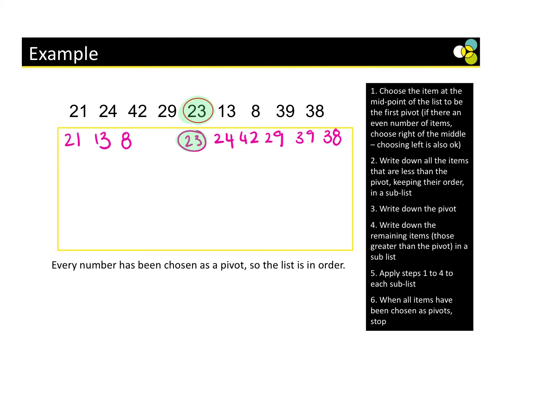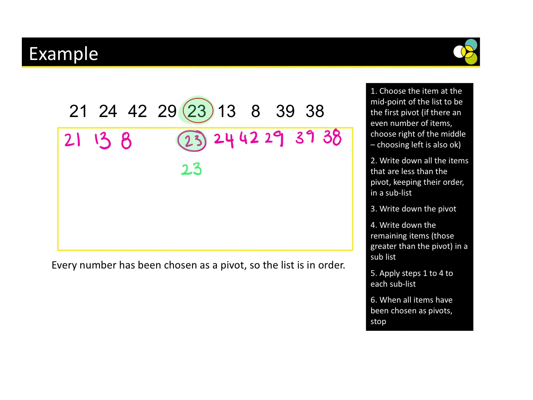Right, now, 23, we're going to rewrite down here. Okay, we're going to write 23 again, but this time, 23 has already been used as a pivot. So now we need to find a new pivot.